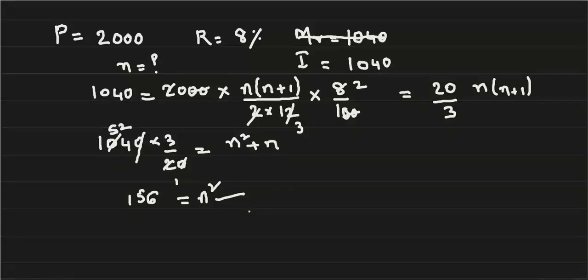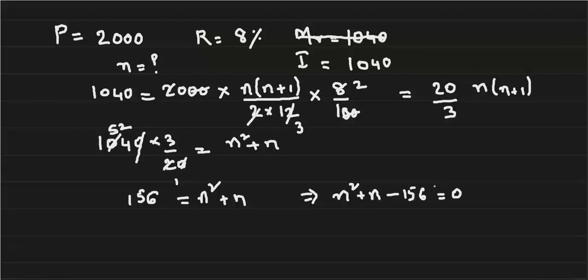This is the equation here. So you can write it like n square plus n minus 156 equal to 0. This is equation 1, right?